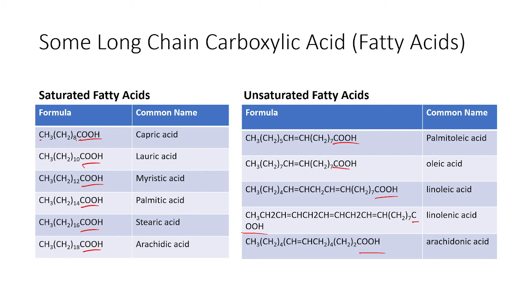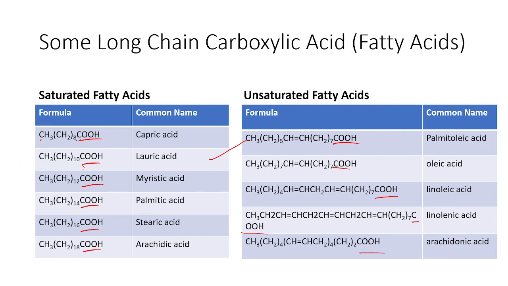So for this type of carboxylic acids or fatty acids, kung mapapansin nyo, yung sa chain ng ating saturated fatty acids, mas marami yung hydrogen kesa dun sa unsaturated side natin. So kung titingnan nyo dito, ang number of carbon atoms ng ating lauric acid at ng ating palmitoleic acid ay actually parehas.